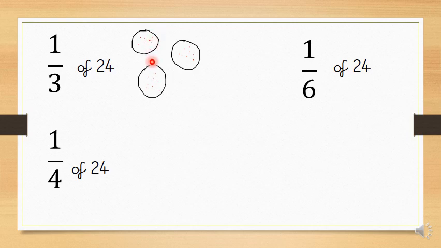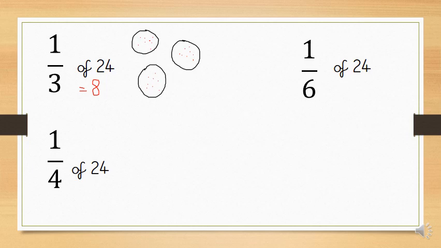Let's double check, 8 again. Okay, so well done. So we can very easily work out that 1/3 of 24 equals 8. That was quite easy because it was sharing. You're sharing 24 into 3 different piles.